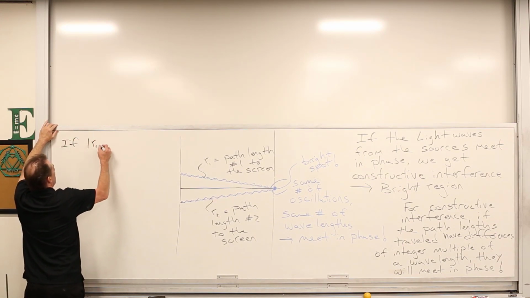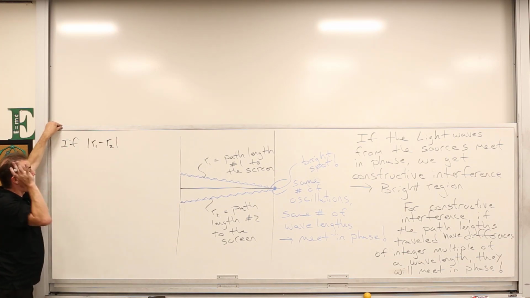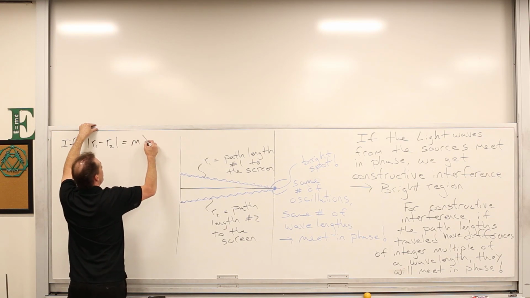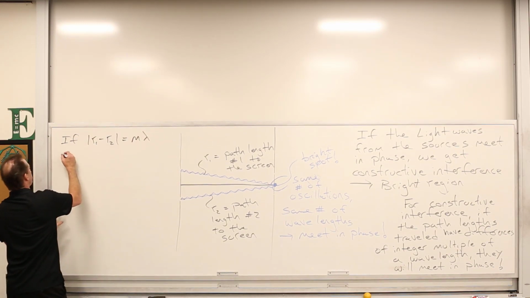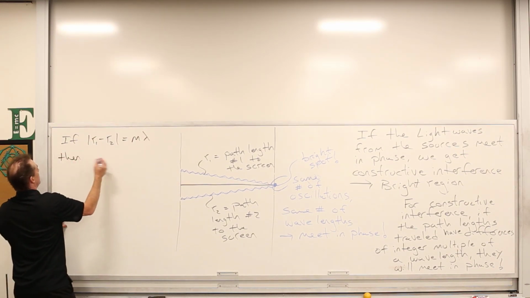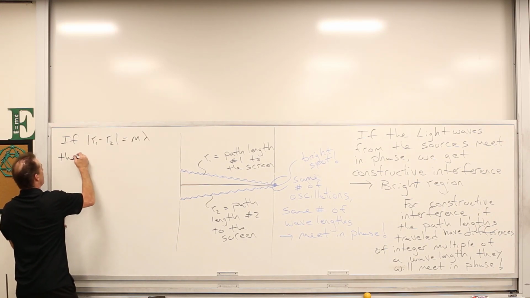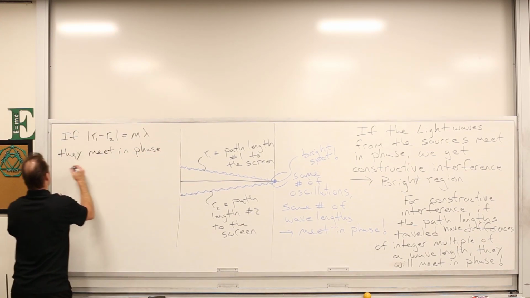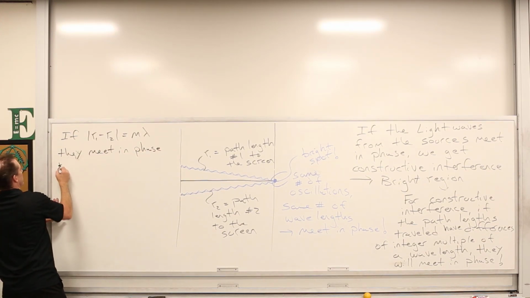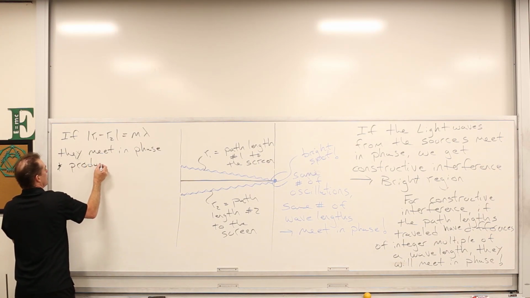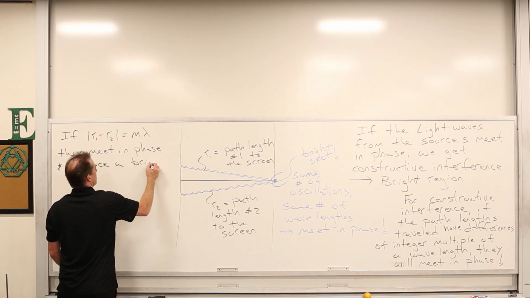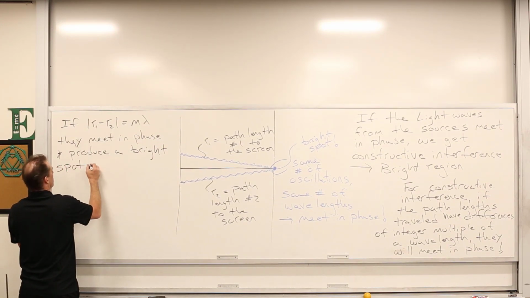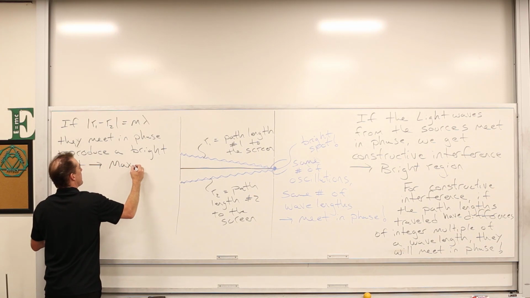If the absolute value of R1 minus R2 is equal to m times lambda, they will meet in phase and produce a bright spot, which we call maxima.